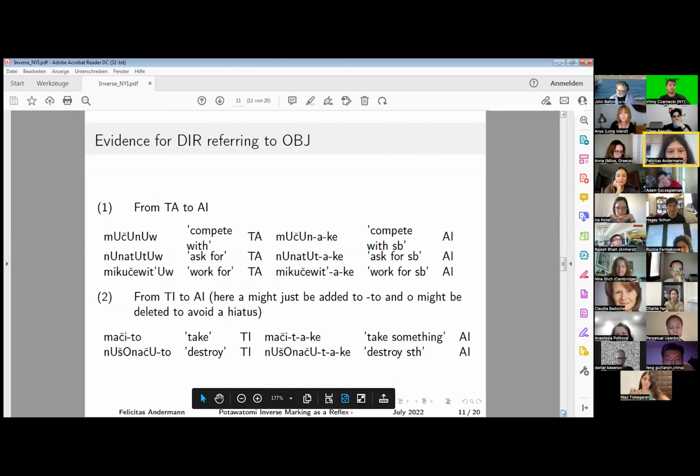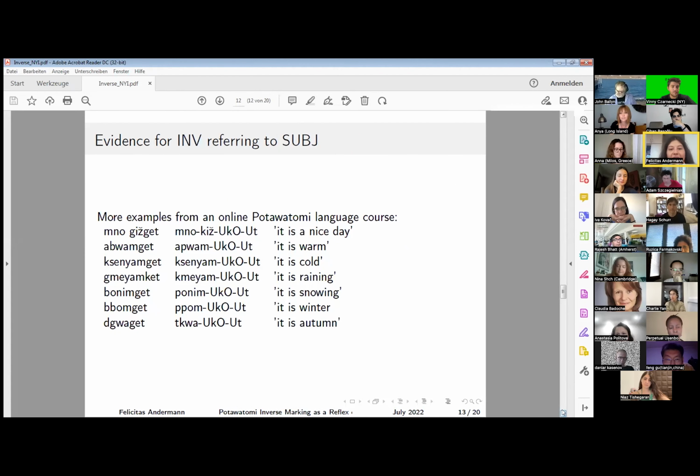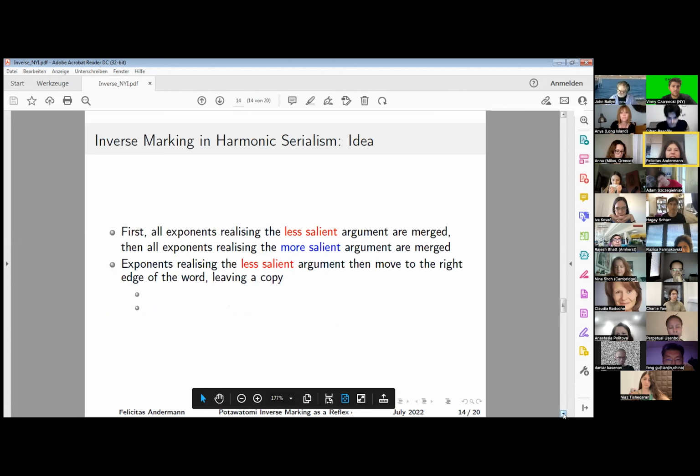And you have evidence for the inverse marker referring to subject in underspecified agent constructions, where you see them reanalyzed with the same marker.